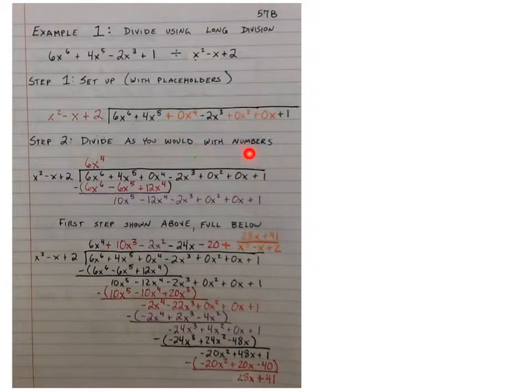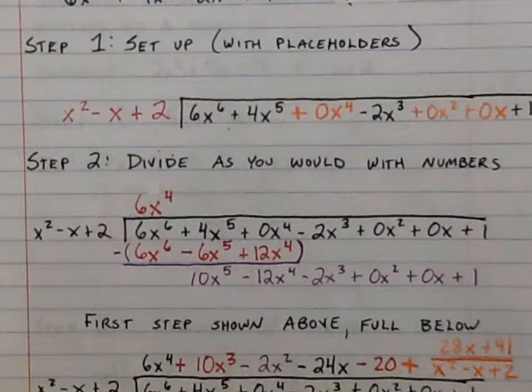Step 2 is divide as you would with numbers, and I'm going to walk you through this process. I'll zoom in on it and discuss each step as we move along. Alright, so I've zoomed in on the long division, and when we're dividing as you would with numbers, it's slightly different for polynomials, but we want to ask ourselves, how many times will x squared, the leading term here, go into the leading term here, 6x to the 6th?